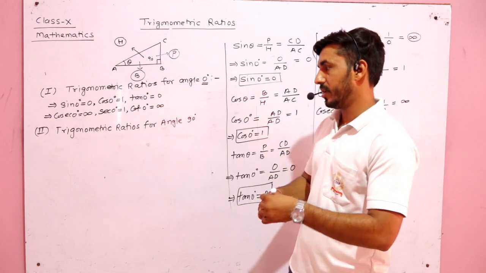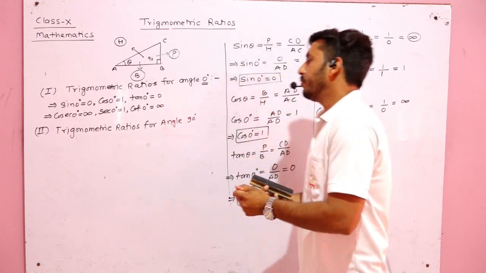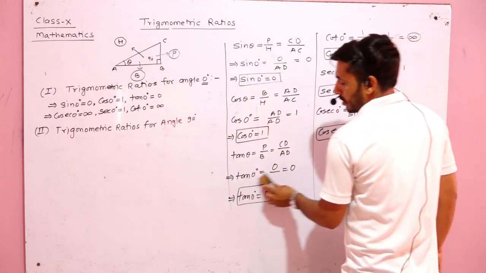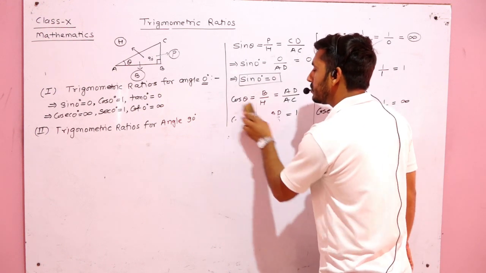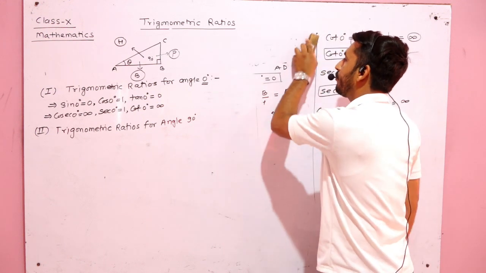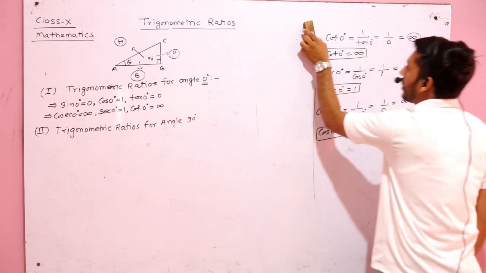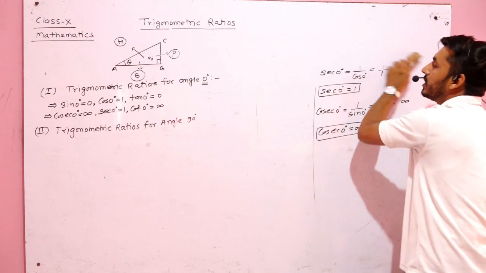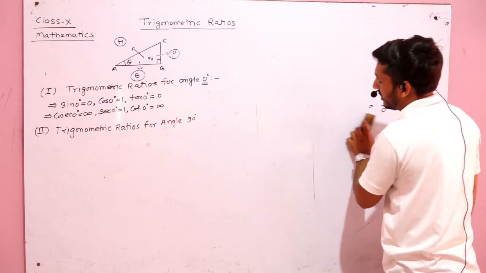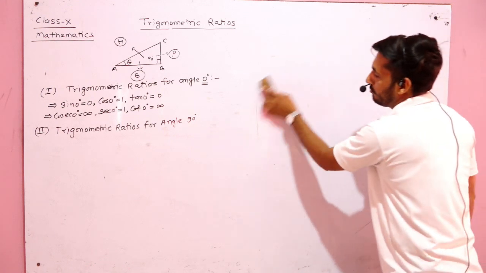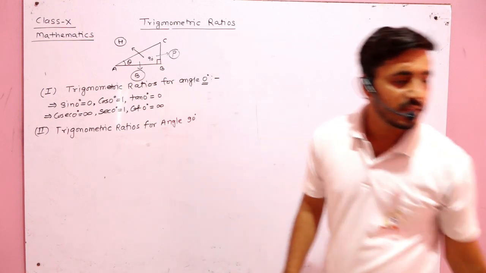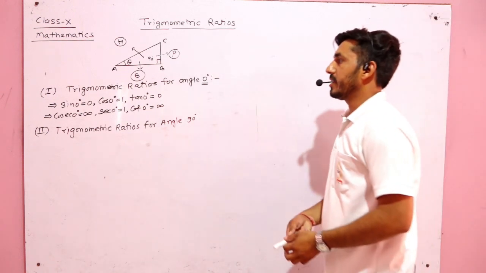In this condition we have to study the value of theta as I am moving theta towards 90 degree. Let us see what happens if theta tends to 90 degree.